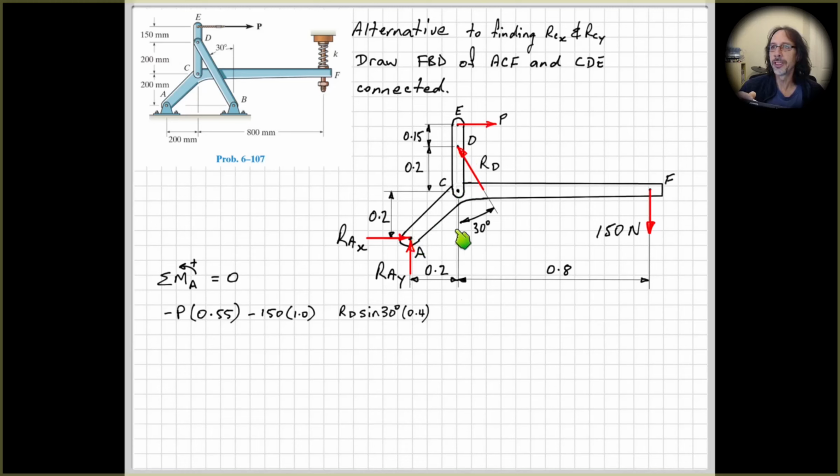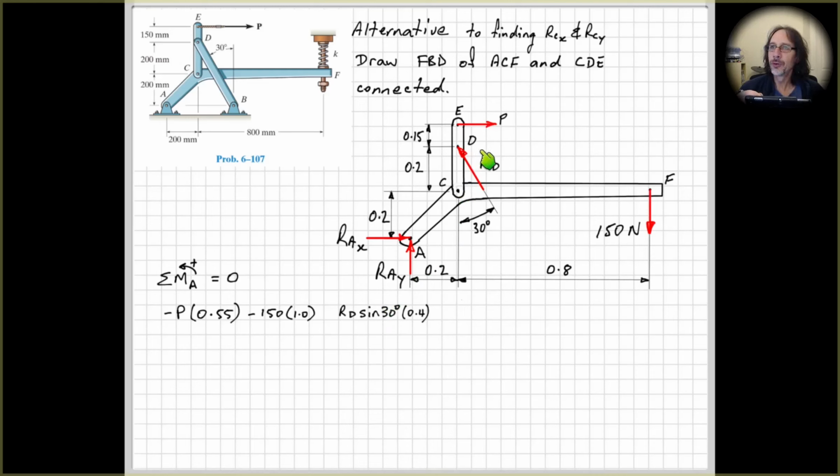because both of their lines of action don't pass through point A. So there'll be a perpendicular distance for the vertical component of RD, which will be 0.2, and a perpendicular distance for the horizontal component, which will be 0.4. Hopefully you can see here that I've calculated the horizontal component. So here's our force. The horizontal component is this side of the triangle, which is opposite to 30 degrees, therefore sine 30.